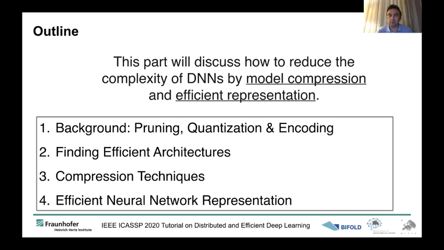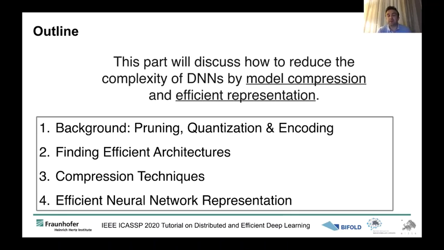In the first part, I will give some background on source coding, on pruning, and quantization, and then we will talk a bit about how to find efficient architectures, how to reduce the complexity in your architecture by some pre-processing. I will present several ways to do so.